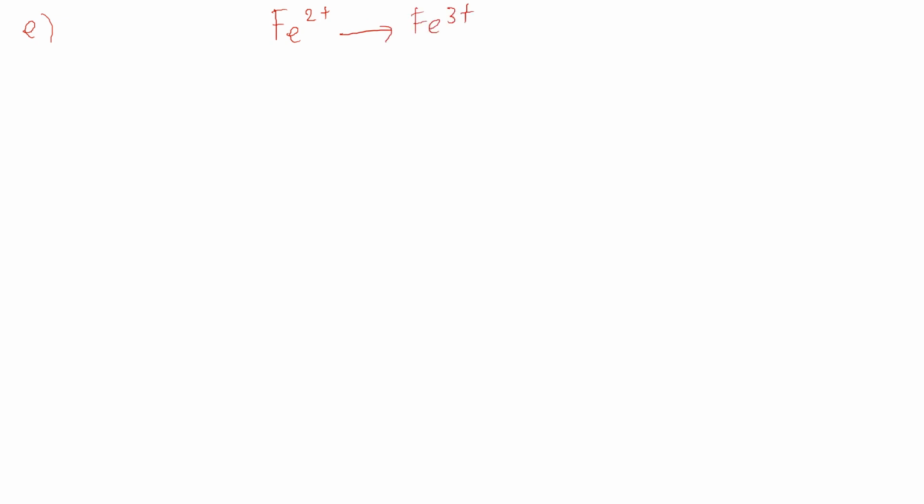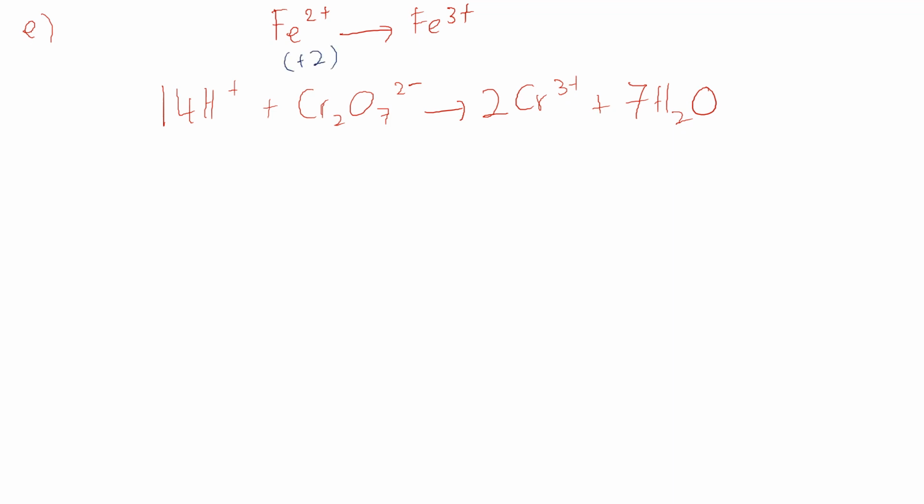Then 14 H plus, Cr2O7 2 minus produces 2 Cr3 plus and 7 H2O. Right now we want to balance the number of electrons. So take a look at the charges here: plus 2 is not equal to plus 3. As we know, an electron carries negative 1.